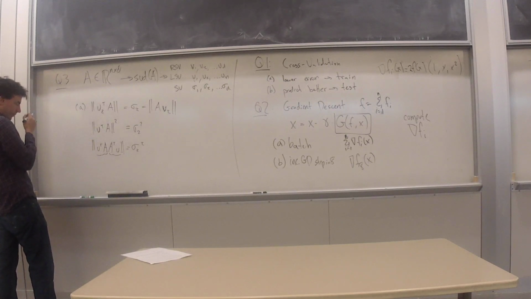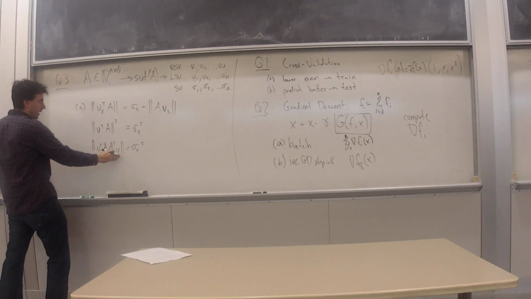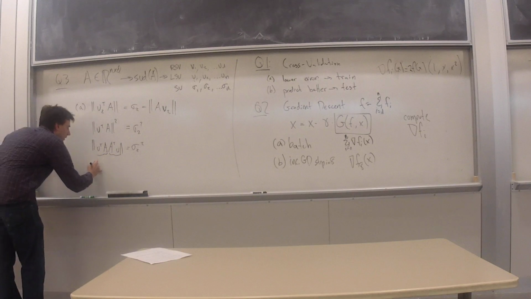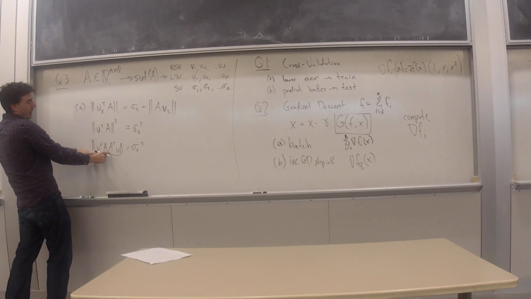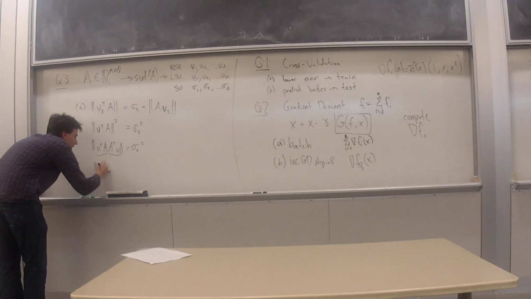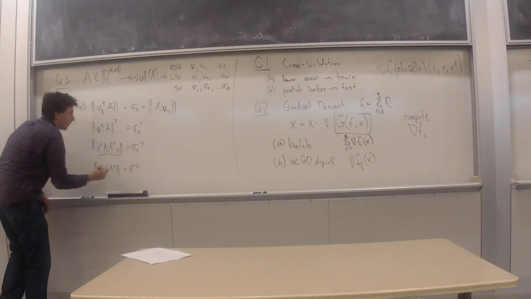Actually, this is just going to give me a scalar outside of here. There's some square matrix inside here, and this ultimately is a dot product. But I can also write U transpose A transpose, and this is also here.